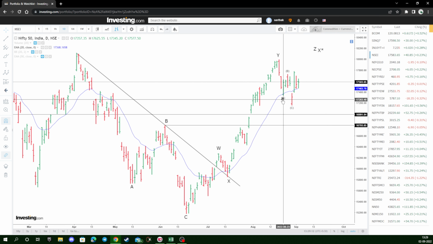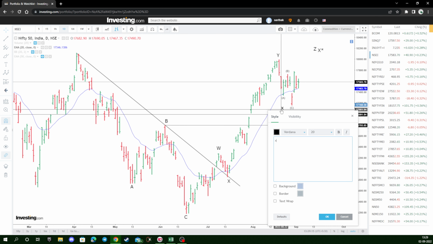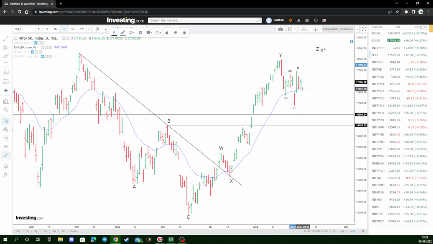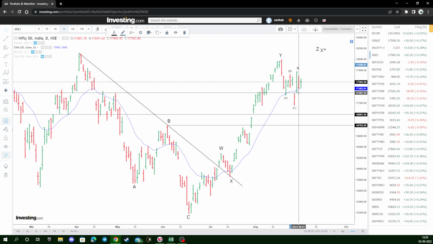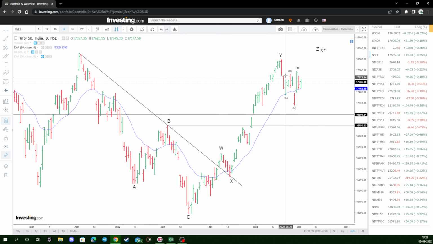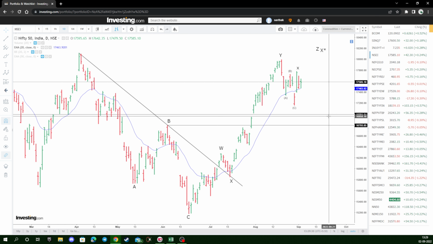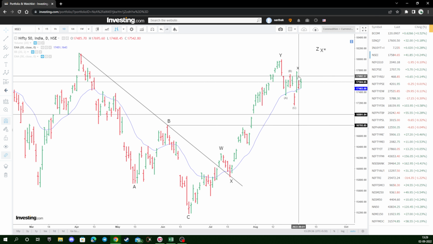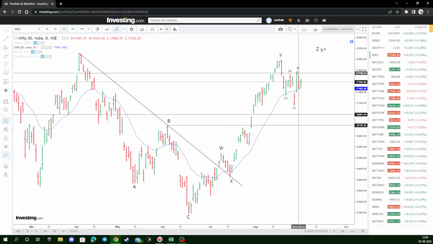This as an ABC, and this as a minor wave X, and then anticipating that whenever we break below the minute lower low, which is around 17,468, then a move of the same magnitude might start on the lower side. But for that we need a break of the green candle's low, which is the 30th of August candle. So this is the make or break level.